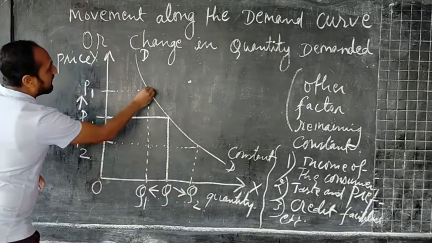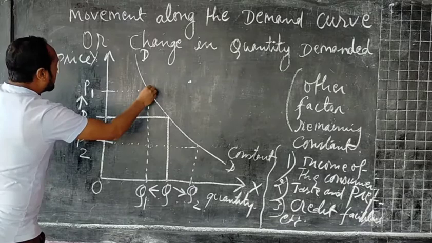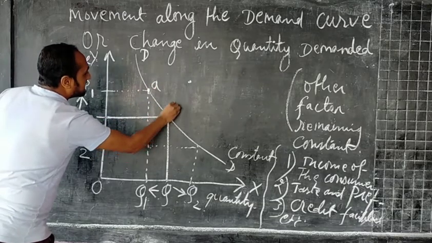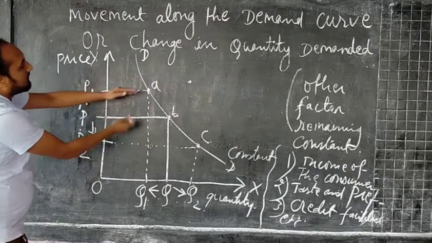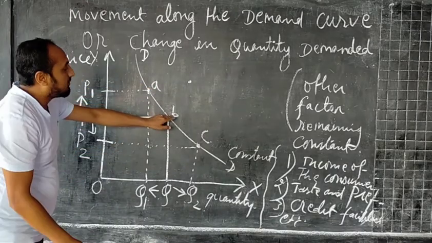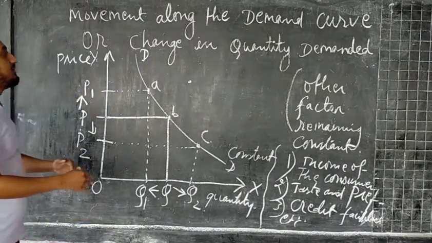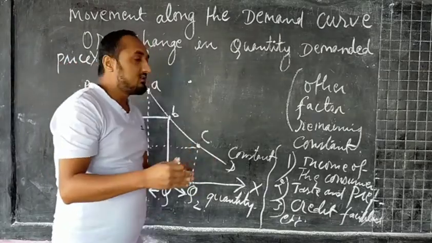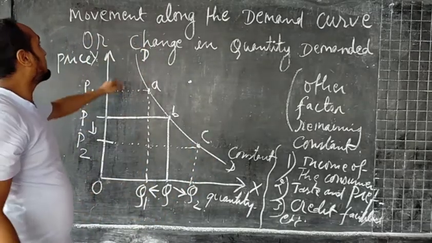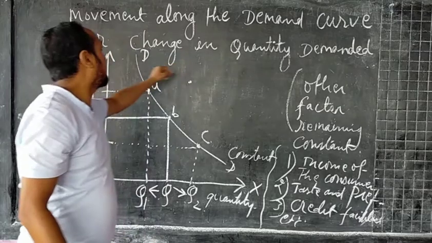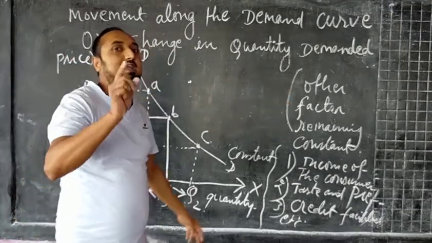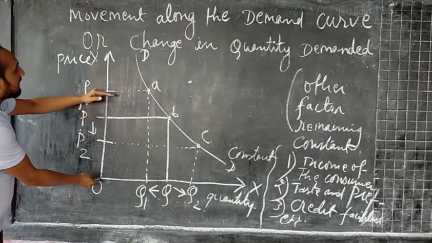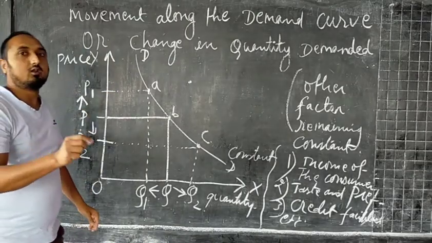Let's consider this point A, this one as B, and this one as C. The movement from point A to point B or point C is known as movement along the demand curve or change in quantity demanded. It takes place due to either a rise in price or a fall in price.